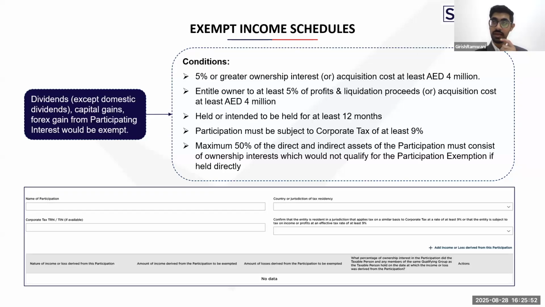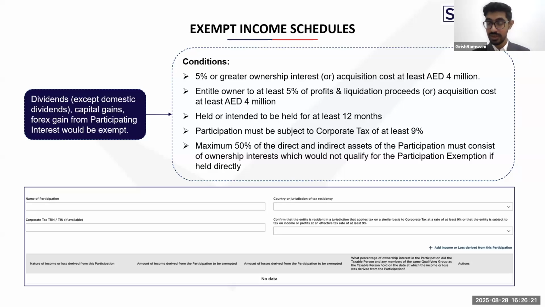That means if I, being a company, am holding an investment in another participation, and that participation has further investments, then the total assets of that participation have to be taken, and the value of the further investments it is holding should not exceed 50% of its total assets.